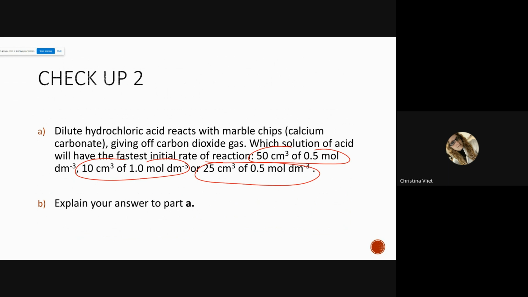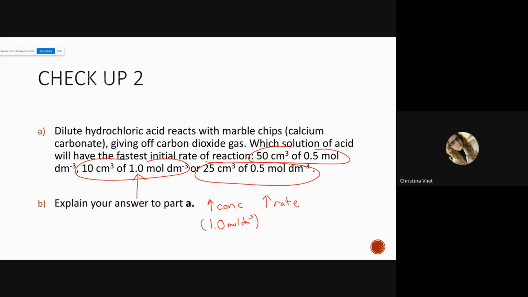Oh, 50 centimeters. Oh, it's how much you have packed into the area that matters. Highest concentration, which here is 1 molarity, right? Will give fastest rate.